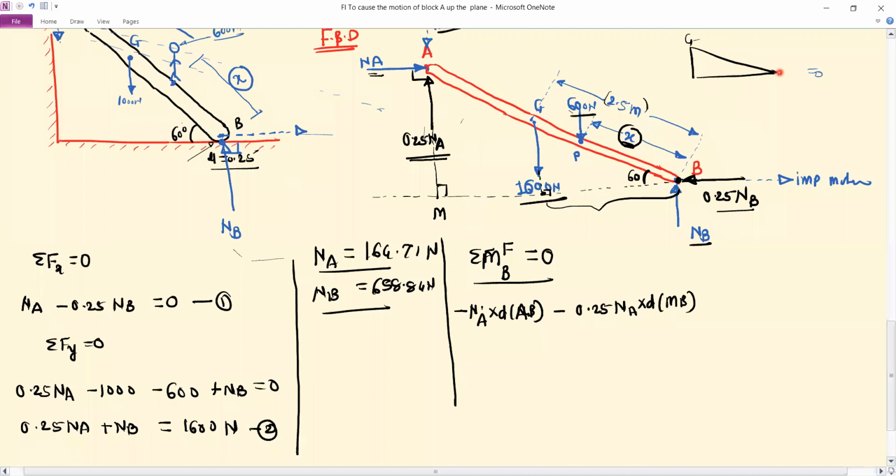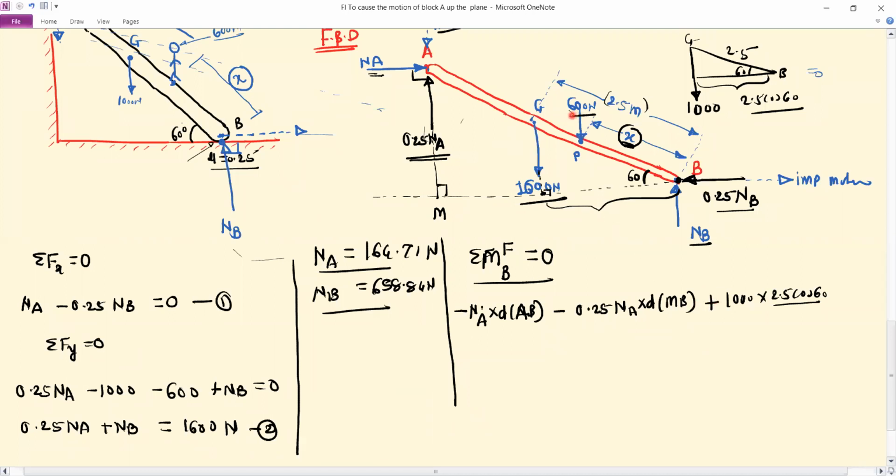This is G, this is point B, and this is the line of action. Sorry, it is 1000, not 1600, 1000 Newton. So this is 60, this is 2.5. It is adjacent, so it is 2.5 cos 60. So you will take the moment 1000 into 2.5 cos 60. This is the perpendicular distance. This moment is anti-clockwise, so it is positive.